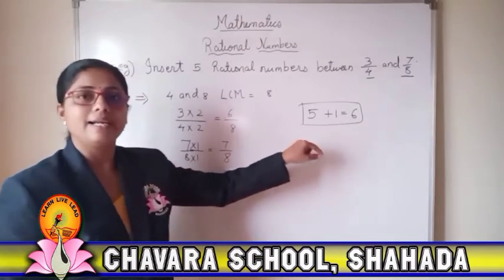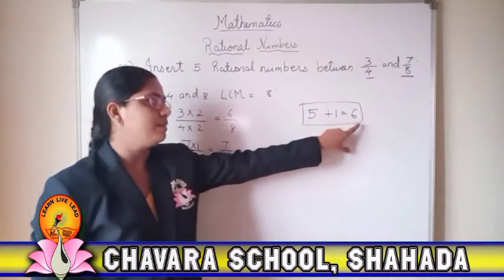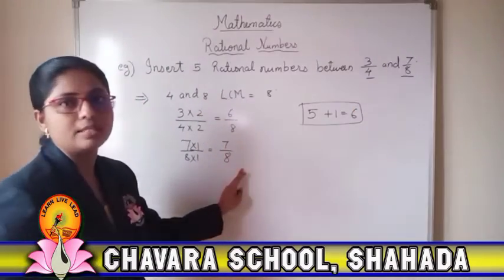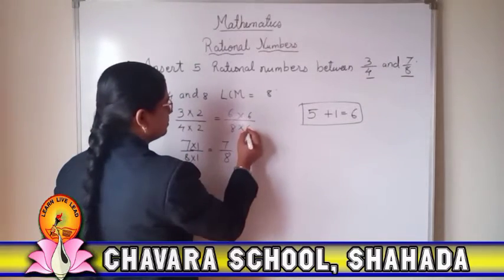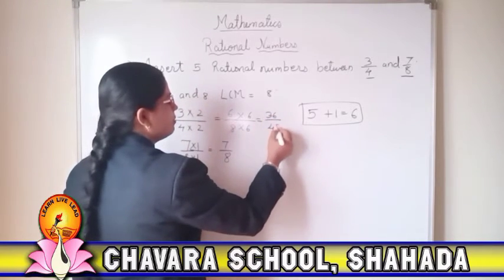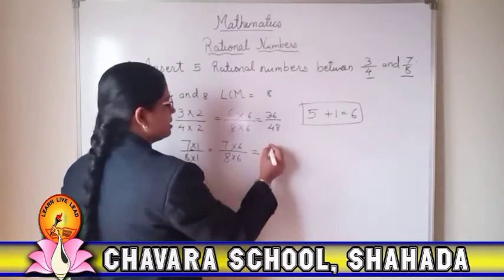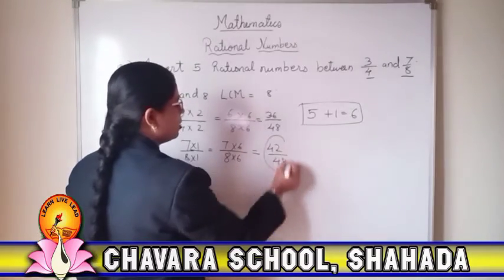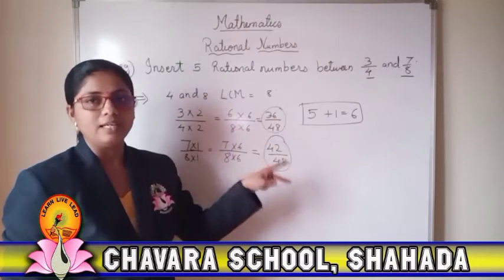But understand that however many numbers are asked, add 1 to it, and whatever number you get, you have to multiply to both numbers, both numerator and denominator. 6 times 6 are 36, 8 times 6 are 48. Here also multiply by 6. 7 times 6 are 42, 8 times 6 are 48. Now we have these two numbers, which are the boundaries of our target.